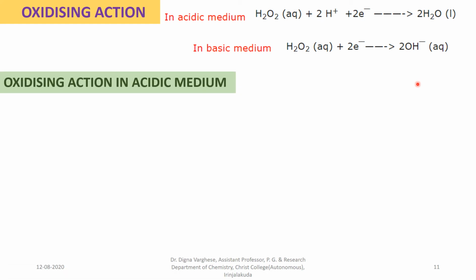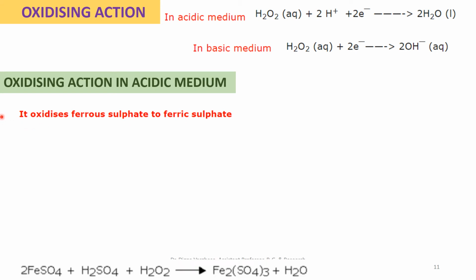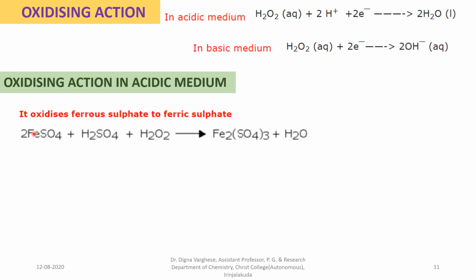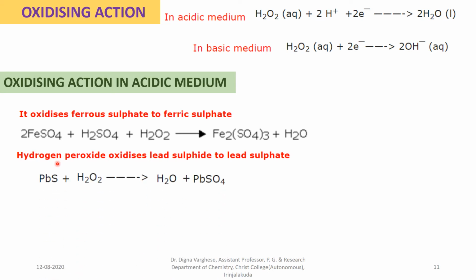Some examples of oxidizing reactions in acidic medium. First reaction, it oxidizes ferrous sulfate to ferric sulfate. That is, when treated with ferrous sulfate in presence of acid, it will give ferric sulfate. Here Fe2 plus, here Fe3 plus. Hydrogen peroxide oxidizes lead sulfide to lead sulfate.